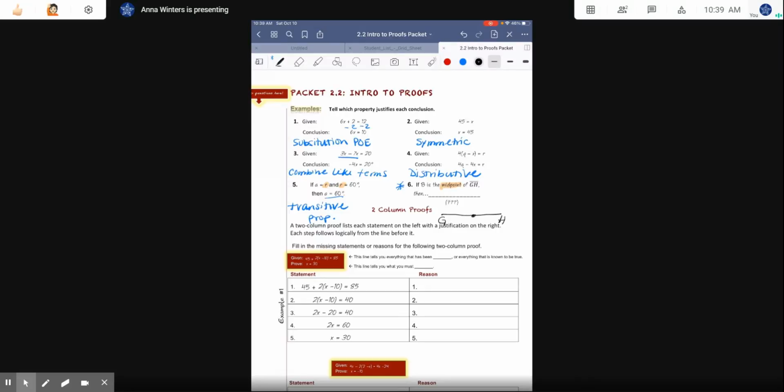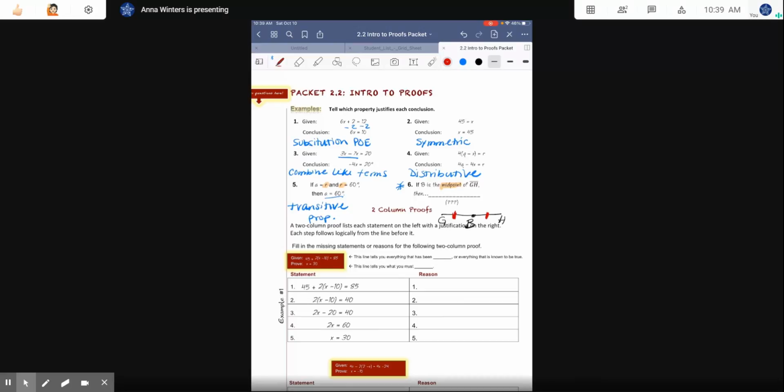Because I have the word midpoint, what can I put on my diagram to show that I have a midpoint? I can put those tick marks. Those tick marks show me that those segments are congruent. So now I can write my conclusion.